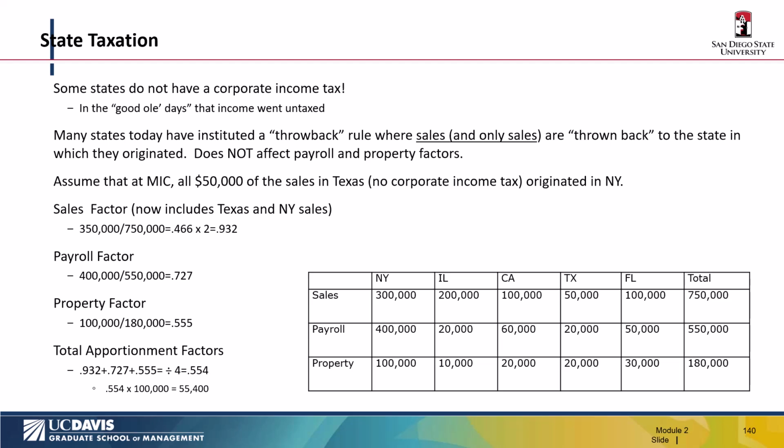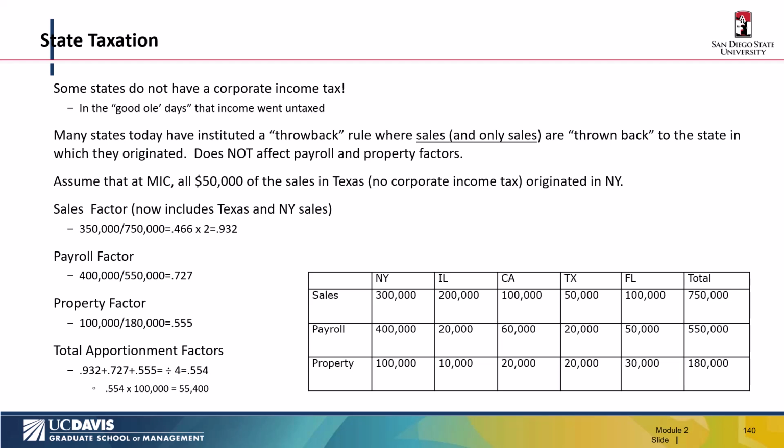So again, MIC, all 50,000 of the sales, right, are into Texas. Well, Texas has no corporate income tax. But because the actual business is based in New York, that's where the sale originates from. So it goes on a truck in New York and finds its way to Texas. So we're going to say that the sale originates in New York. And so we're going to throw that sale back from Texas to New York.